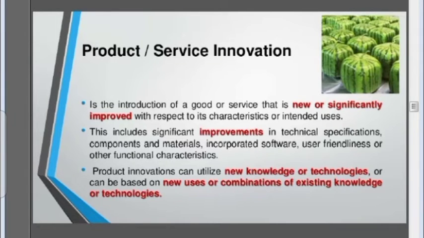New features are added to the product, or a new product is developed, or improvements are made in an existing product. That is product or service innovation.